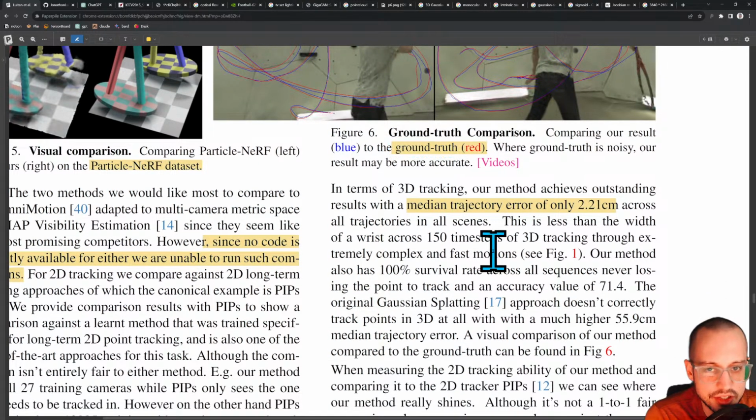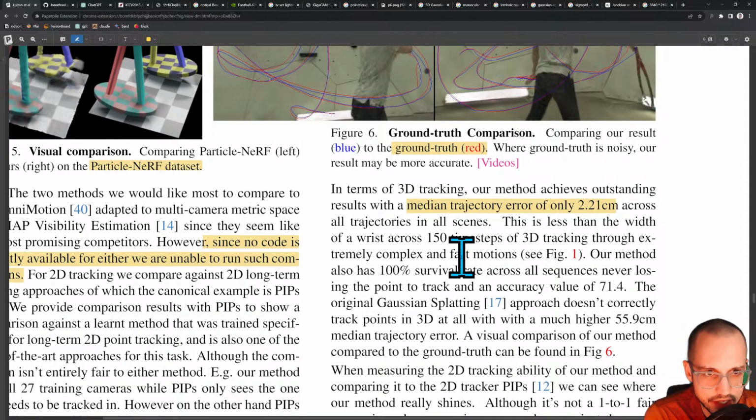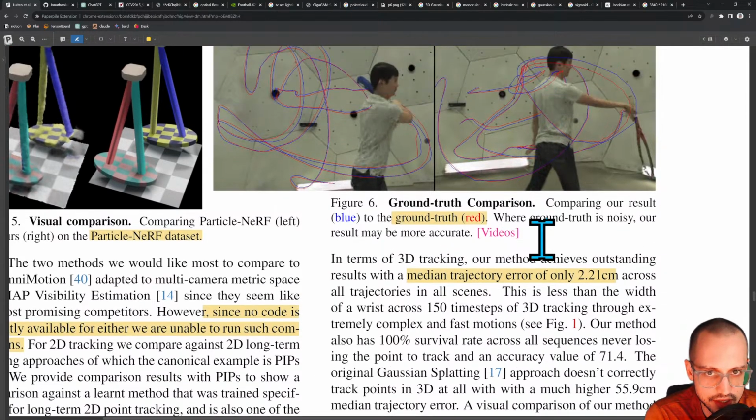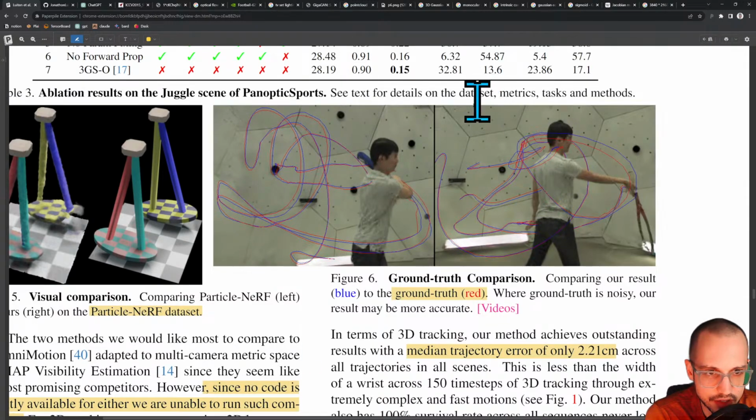Another regularization they could add is a velocity or an acceleration regularization that penalizes jerky motion. That's something that you see in tracking papers that they could have added here as well, whenever they're optimizing the position and rotation of these Gaussians.